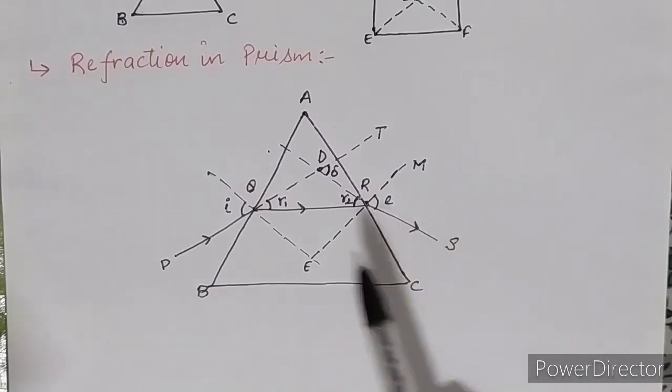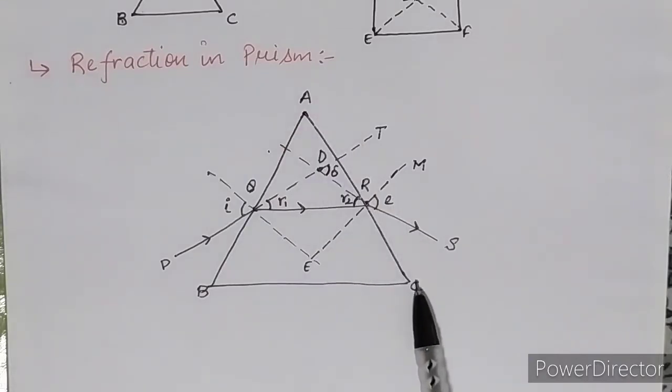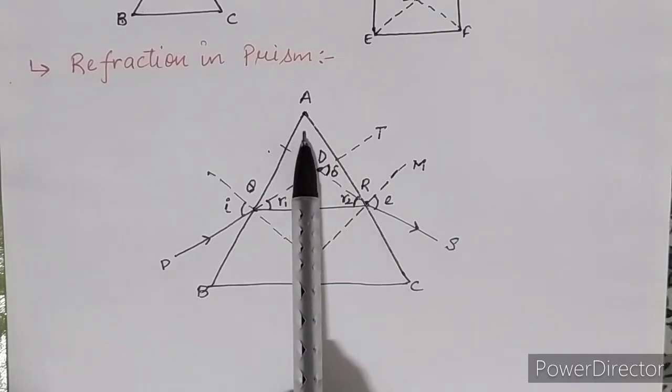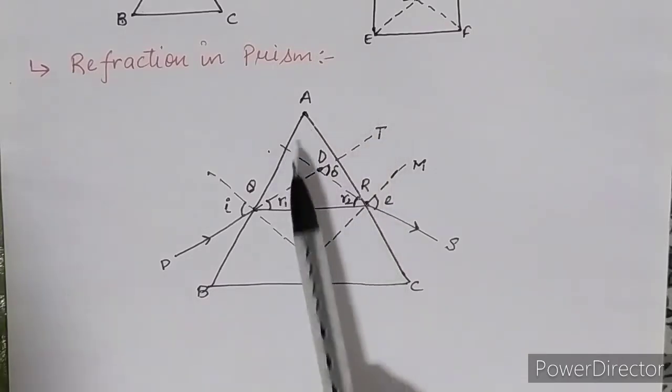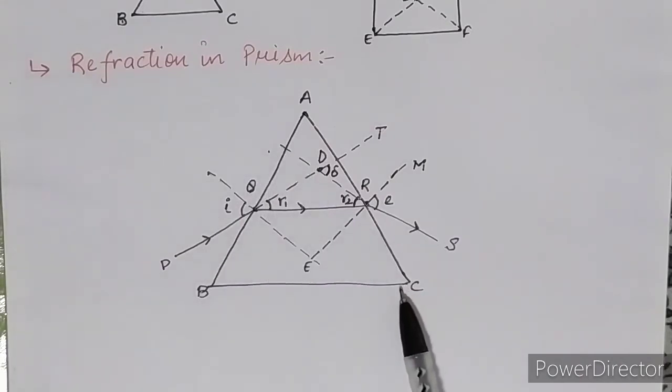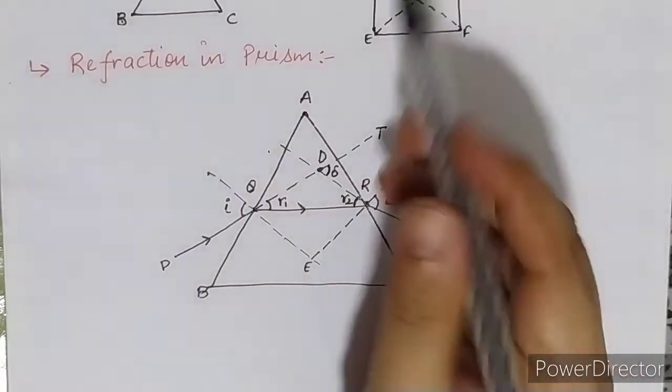Clear? So the planes AB and AC are used as refracting surfaces, and hence angle A is taken as your prism angle. Okay, AB and AC are the plane refracting surfaces which we are taking, and angle A is your prism angle.